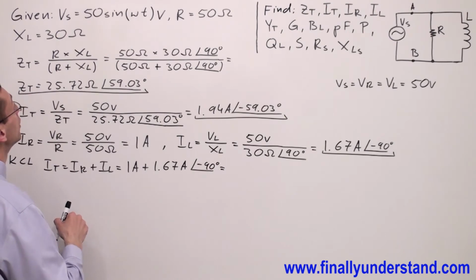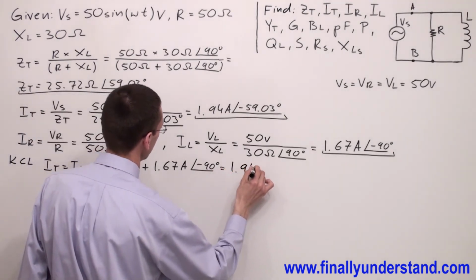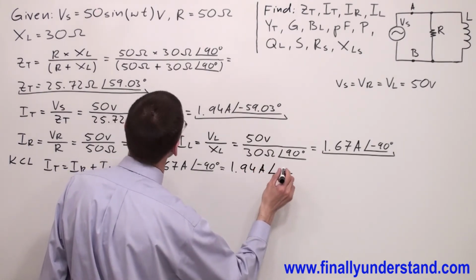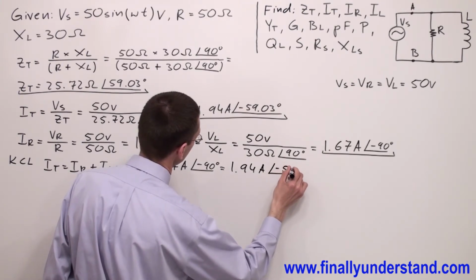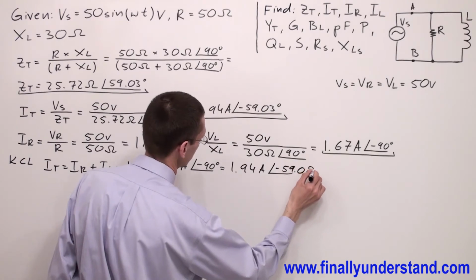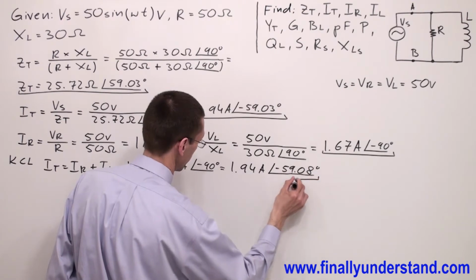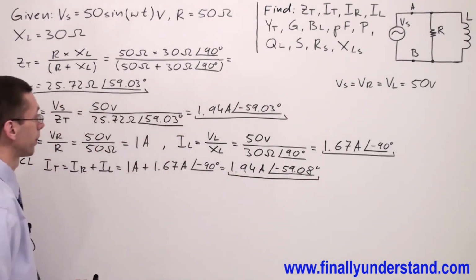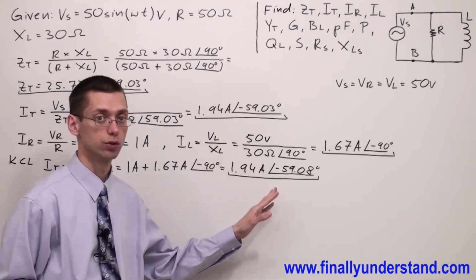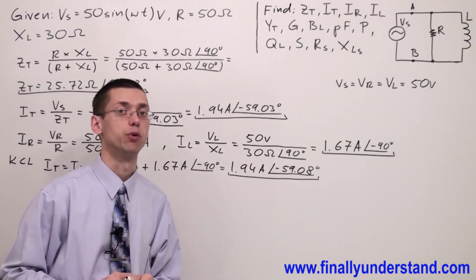Use the calculator and you're supposed to obtain the value of 1.94 amps, an angle of negative 59.08 degrees. So look at this value and this one. We can say that they are very close to each other. That's why we can continue, because our calculations up to this point are okay.